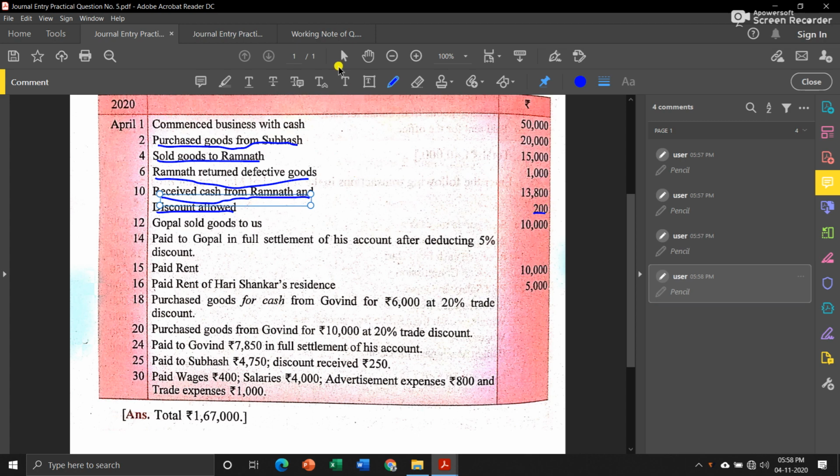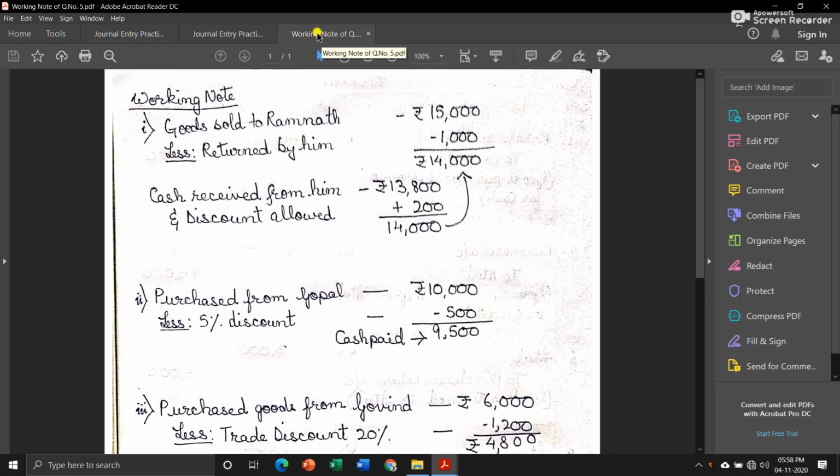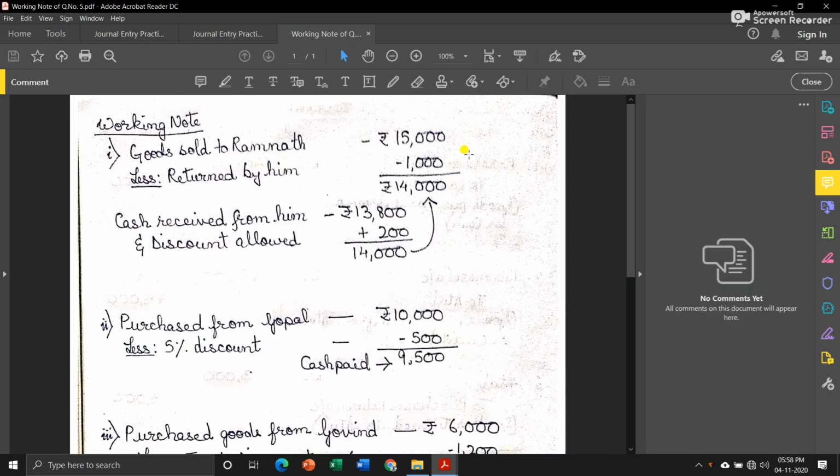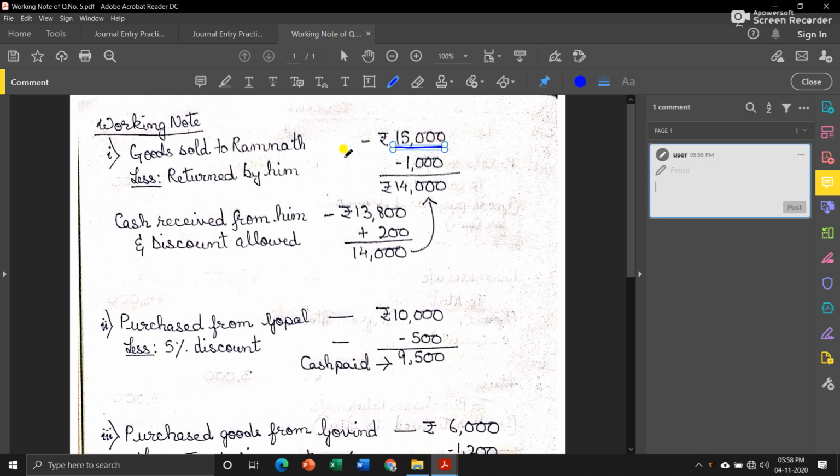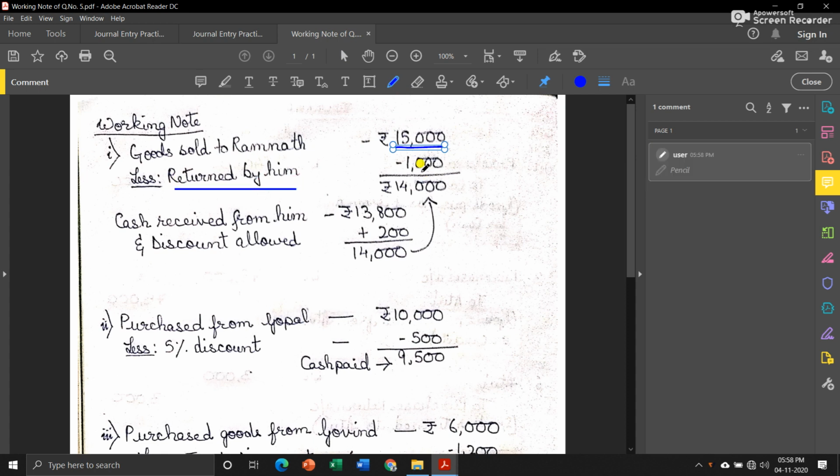For this, let us see one working note. Earlier we sold goods to Ramnath worth rupees 15,000, and out of that he returned us goods worth rupees 1,000.